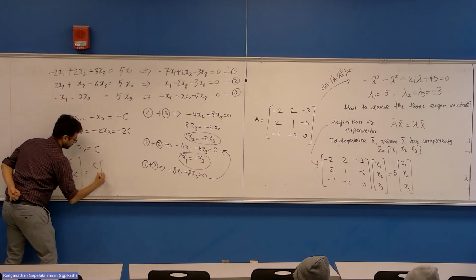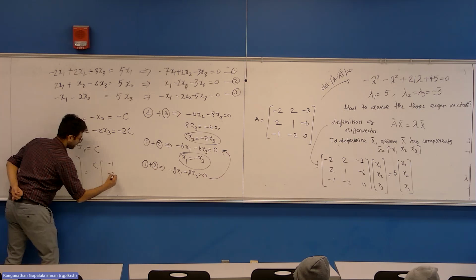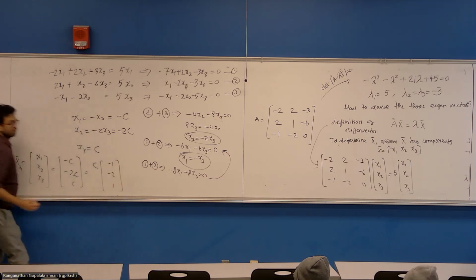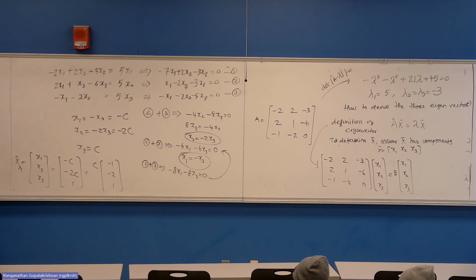Or this is c times minus 1, minus 2, 1, where c is an arbitrary constant. Arbitrary meaning you can pick a value you like. Can be 4, can be 24, can be 31, any value.